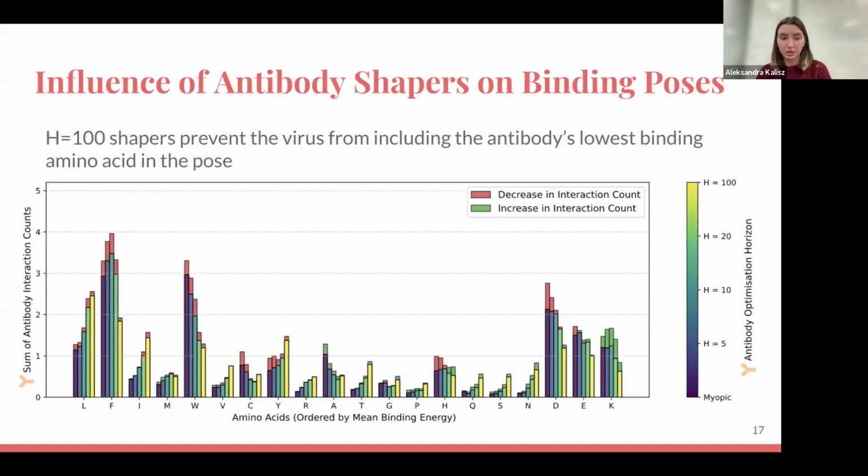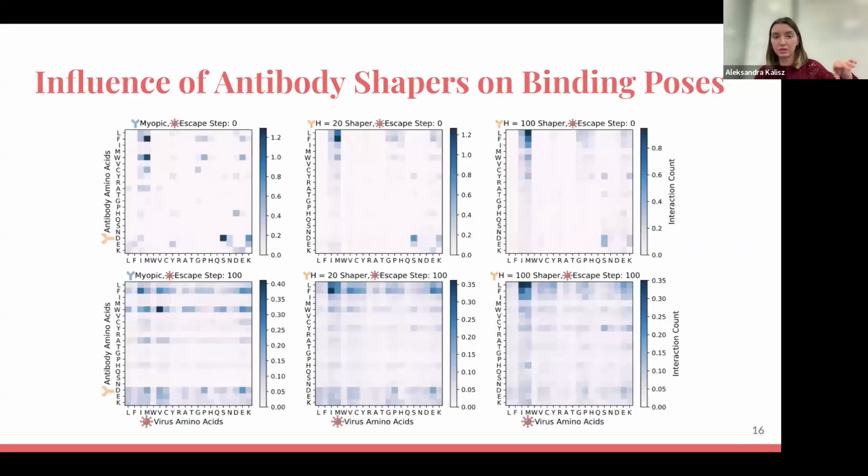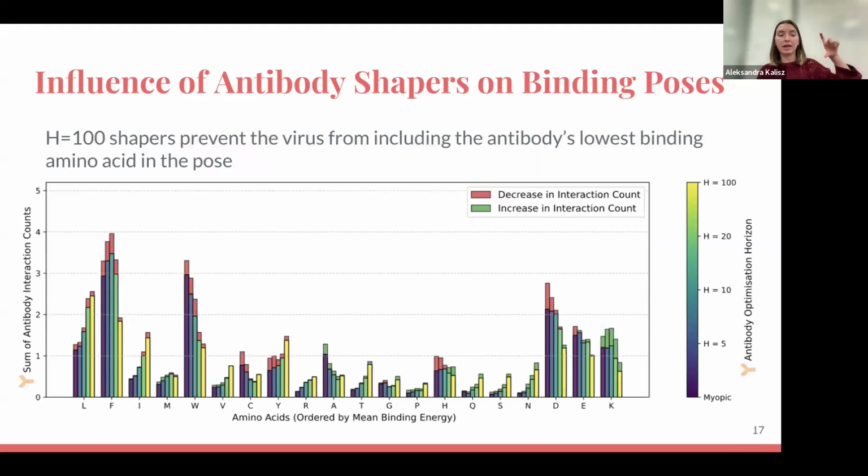Well, first of all, we're going to sum the antibody interaction counts. There are the antibody amino acids on the y-axis, and the x-axis is the virus amino acids. So we can sum up this way, and that way we're going to get the antibody interaction counts.